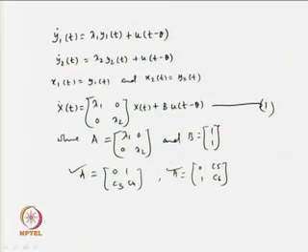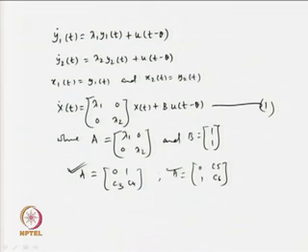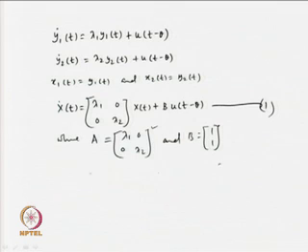It is very difficult to find the matrix exponentiation if A is written in these bottom two forms. If A is available in the diagonal form outright, I can find the matrix exponentiation, in which case e to the power A will simply give us e to the power lambda 1, 0, 0, e to the power lambda 2. So, this is the benefit we obtained by getting A expressed in this particular diagonal form.